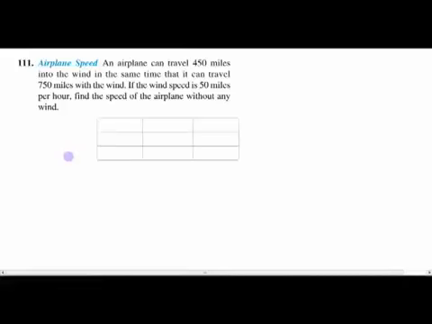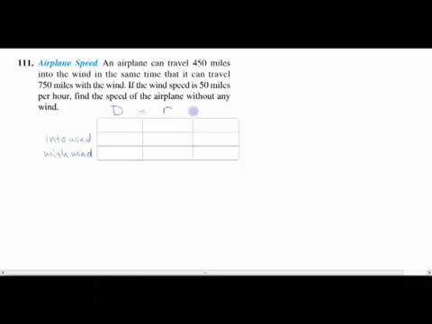So now we have two different situations. We're traveling into the wind and traveling with the wind. Into the wind is the same thing as against the wind or against a current. So we're going into the wind and going with the wind, where the wind is helping us.